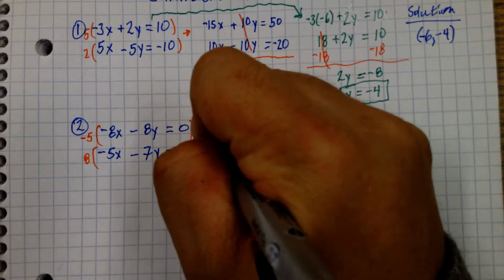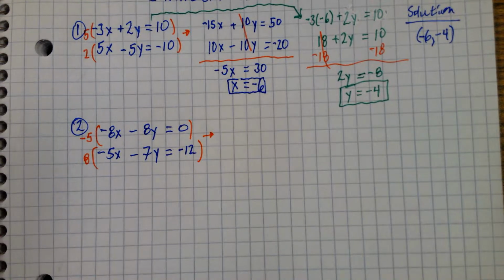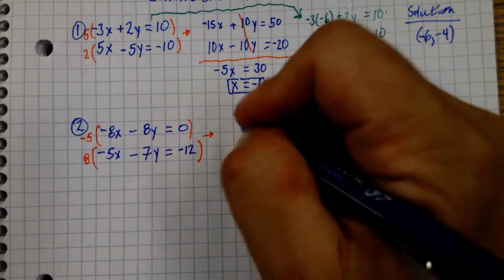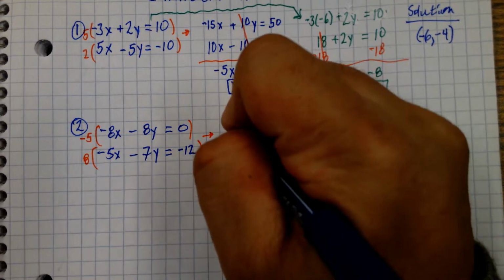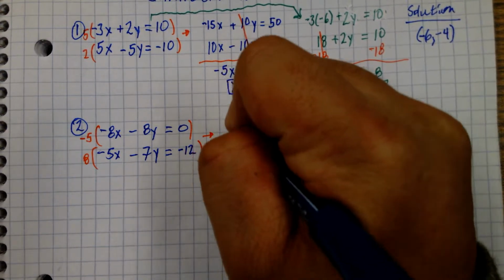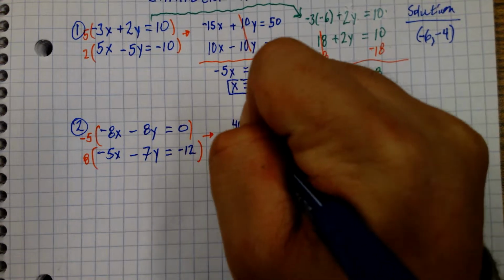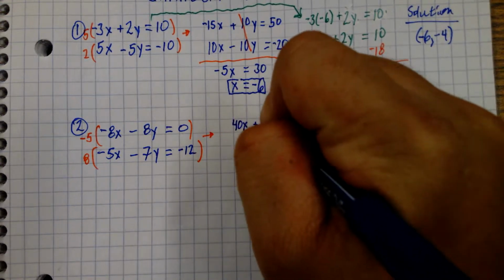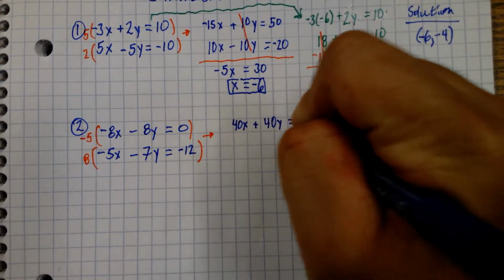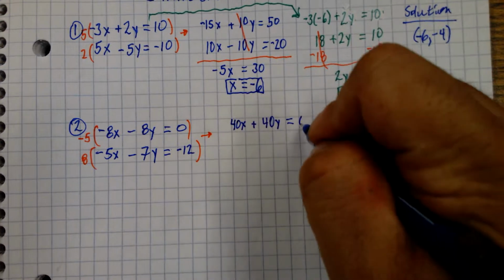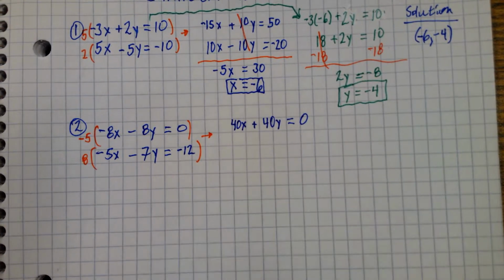Let's go ahead and see. So this is going to be 40x, check my math, plus 40y, and then that equals 0 still, because -5 times 0 is 0.